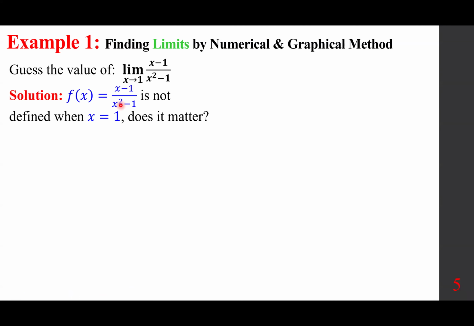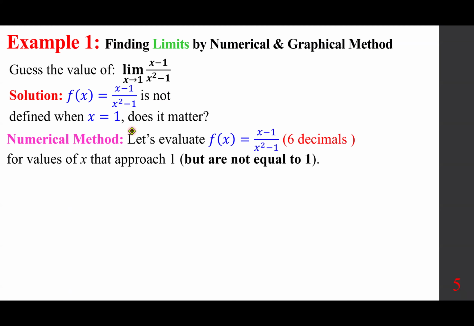F of x equals x minus 1 over x squared minus 1 is not even defined when x equals 1. Does it matter? The answer is no. Why not? Because we are not interested in f of 1, but rather we want to take the limit as we approach 1. And that's why, if we want to go with the numerical method, we go from the left and right.